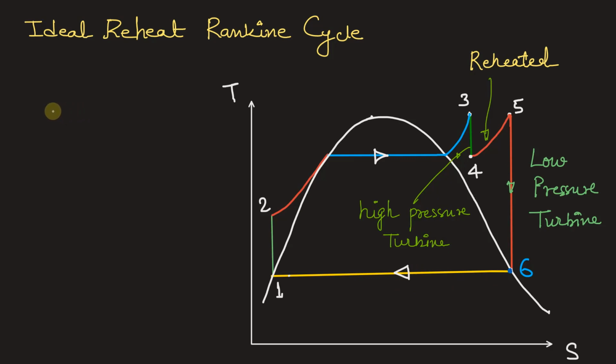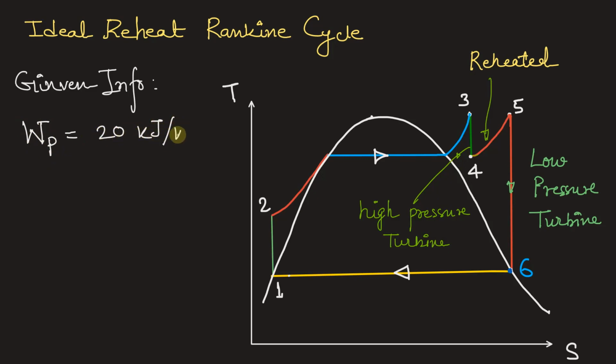Now let's write the information given in this problem. We are given the pump work, so let's write pump work as WP, that is 20 kilojoule per kilogram. The thermal efficiency of the cycle is 0.5.